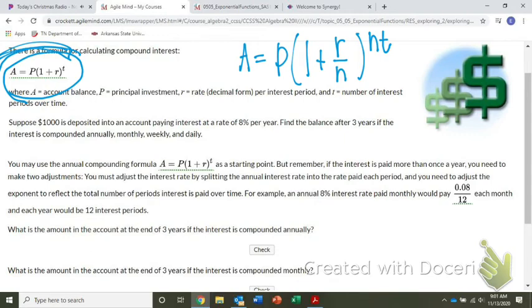Now, what is the difference between my equation and their equation? Mine have Ns.